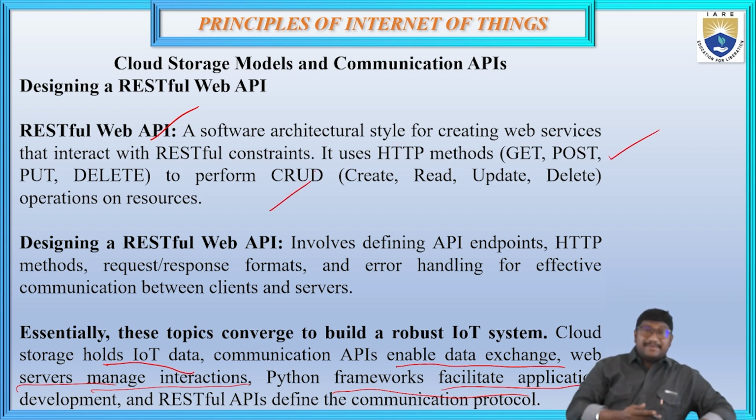What are HTTP methods and what is CRUD? HTTP, Hypertext Transfer Protocol, methods: get, post, put, delete. And coming to CRUD operations, CRUD stands for create, read, update, delete. C stands for create, R stands for read, U stands for update, and D stands for delete, guys. That is how it was clearly represented.